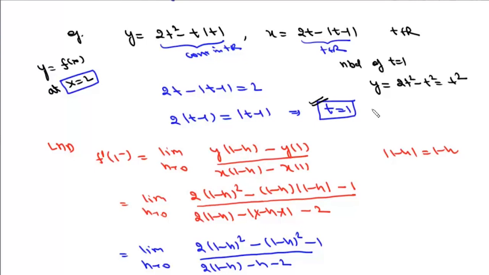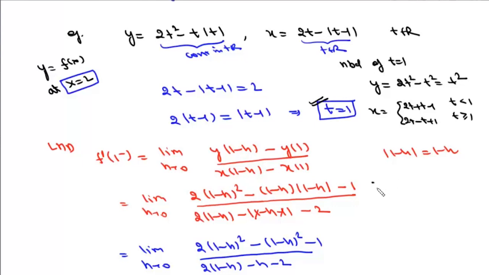Whereas this x will take two different forms. When t is less than 1, this value t minus 1 will be negative. So we'll get this as 2t plus t minus 1. And when t is greater than or equal to 1, this value will be positive. So then it will be 2t minus t plus 1.